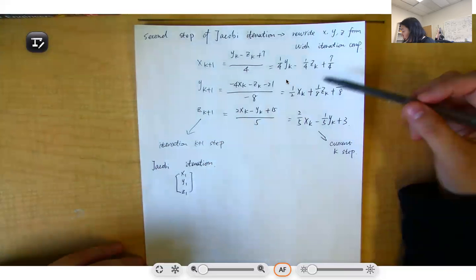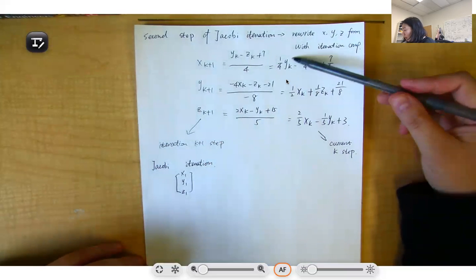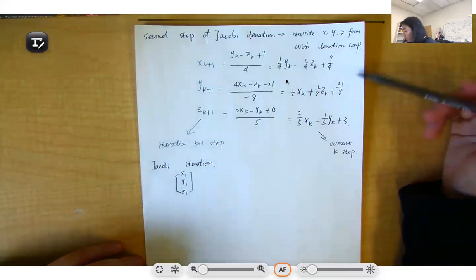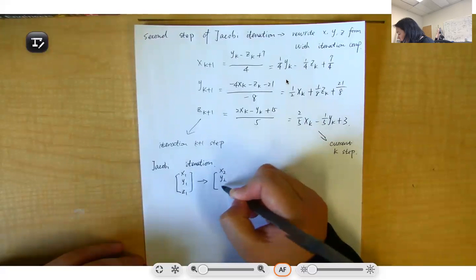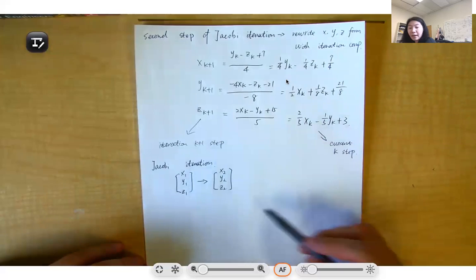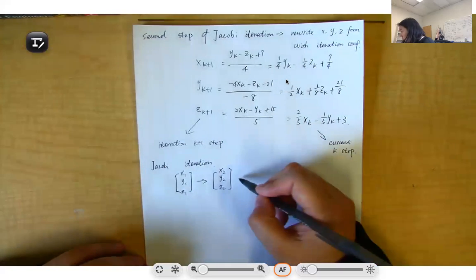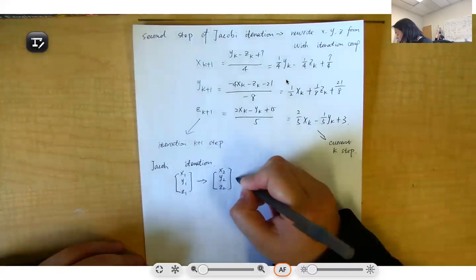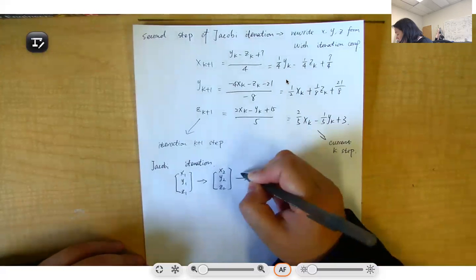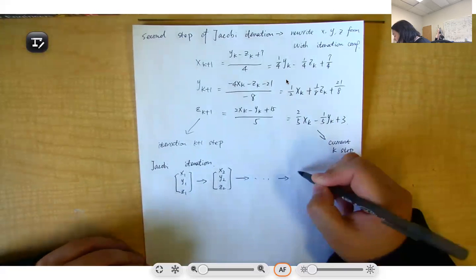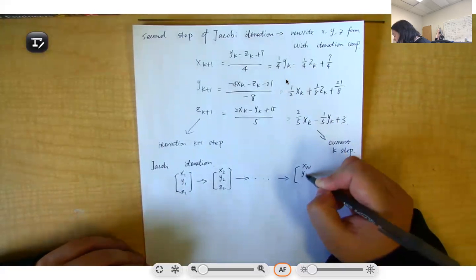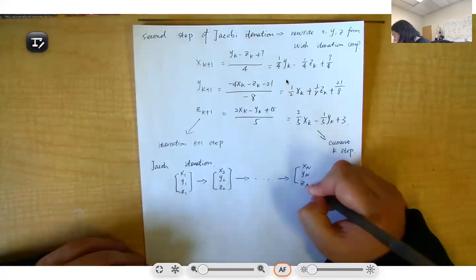Then based on whatever the iteration loop generated, you can generate x2, y2, z2. And you can keep generating until the n step, so you can have the k step or k plus 1 step until the n step, xn, yn, zn.